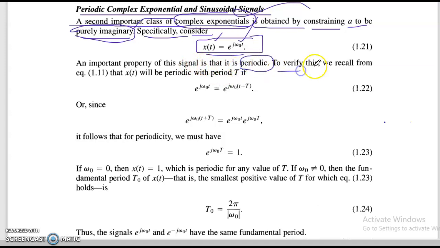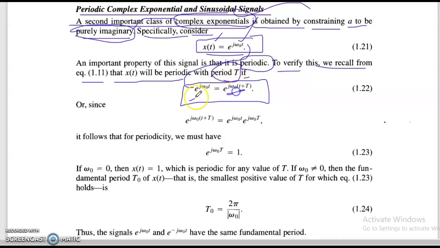To verify this, we recall from equation 1.1 that x of t will be periodic with period T if e power j omega naught t equals e power j omega naught, t plus T, that is the period.